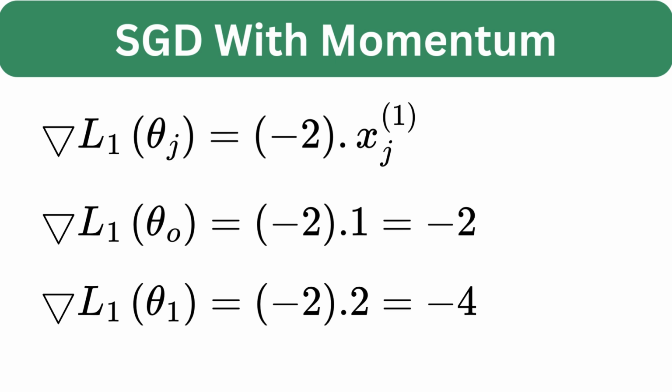We call it L1. The equation is error multiplied by xj, where j is the input corresponding to the weights. Since theta 0 is constant or intercept, its input is 1, and theta 1 is slope and corresponds to x1, and x1 equals 2. So the gradient with respect to theta 0 is minus 2, and with respect to theta 1 is minus 4.